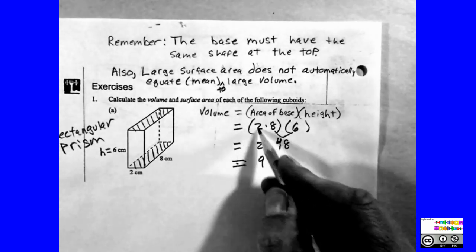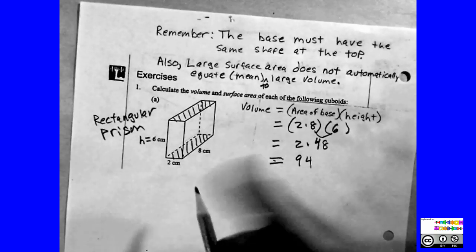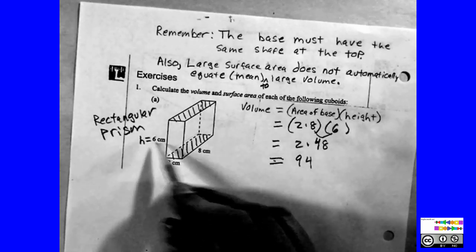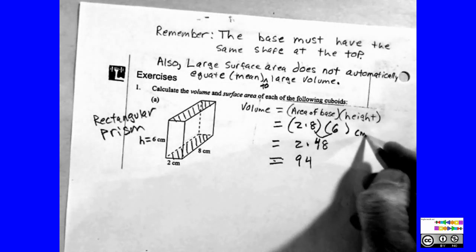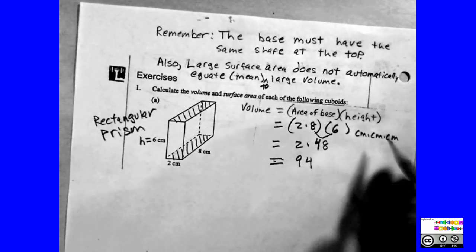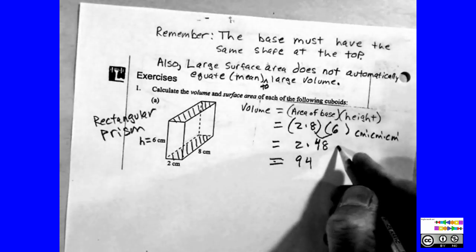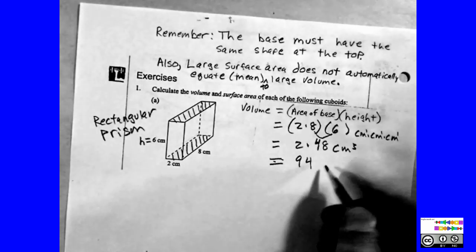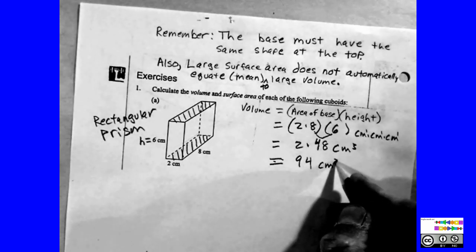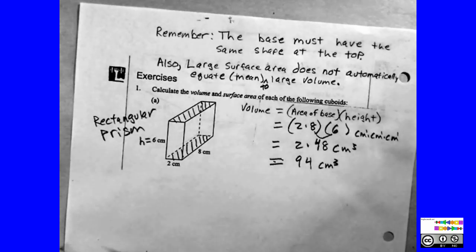Now, besides just the numbers getting multiplied together, we also have all these units that get multiplied together. Centimeters times centimeters times centimeters. These actually have an exponent that adds together, so we get centimeters cubed, which makes sense because volume comes in cubic units.